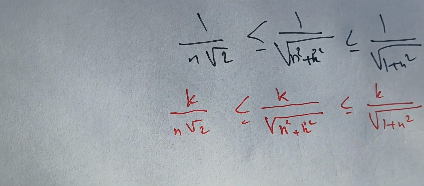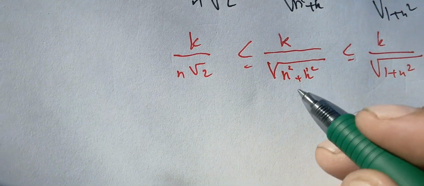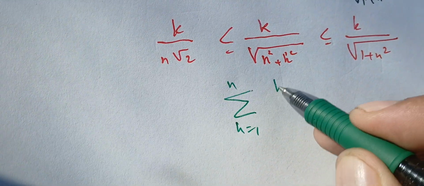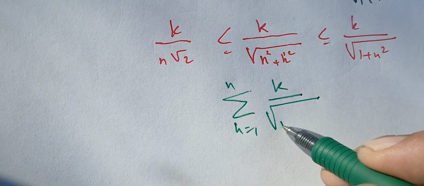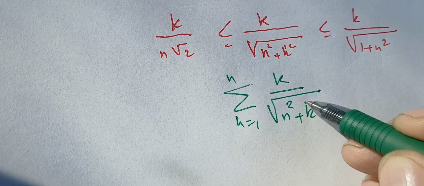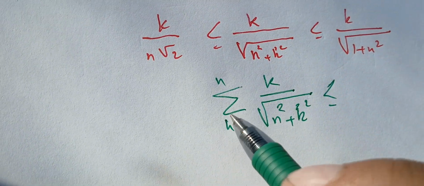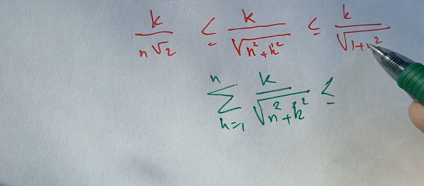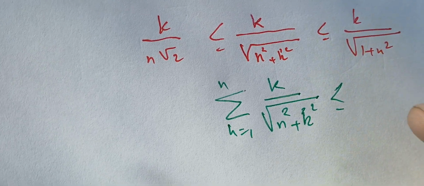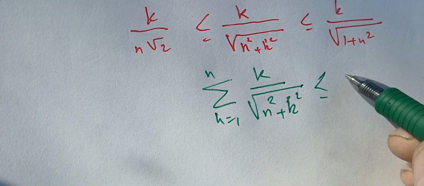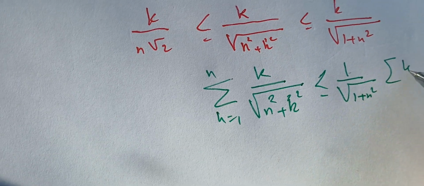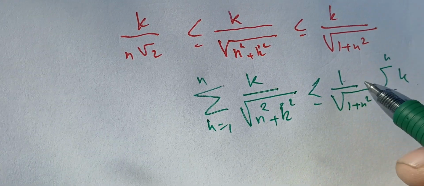If I sum up now, I can sum up here k from 1 to n. So I'm going to keep the k inside because that's the one that I need. And here this 1 over the square root of 1 plus n squared doesn't depend on k, so I'll take it outside, and I have this sum k going from 1 to n of k.